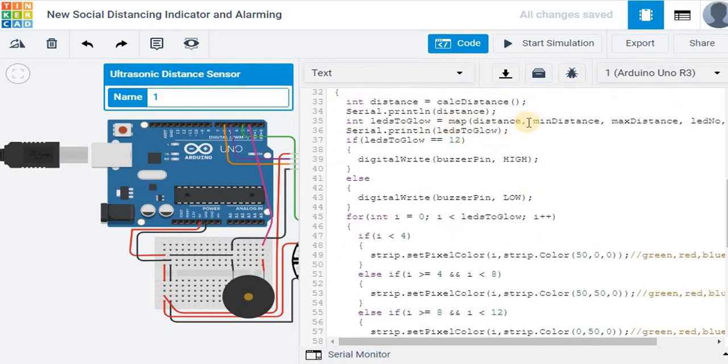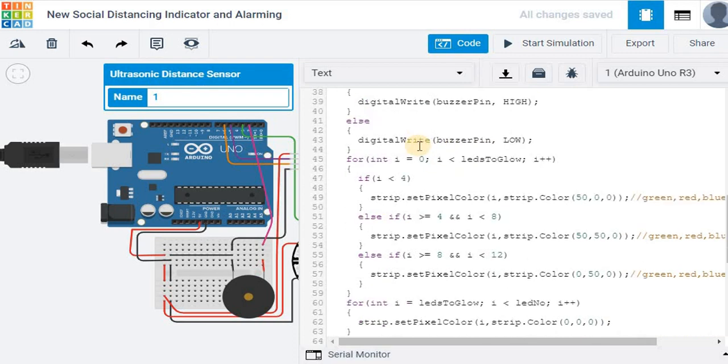In this line of code, you can see that the LEDs to glow are counted based upon the mapping between the distance, the minimum distance value, the maximum distance value, and the LED number. Accordingly, if the LEDs to glow count is 12, then we will get a buzzer indication. Otherwise, the LEDs will be glowing, but there will be no buzzer. The buzzer indication is for actual social distancing violation.